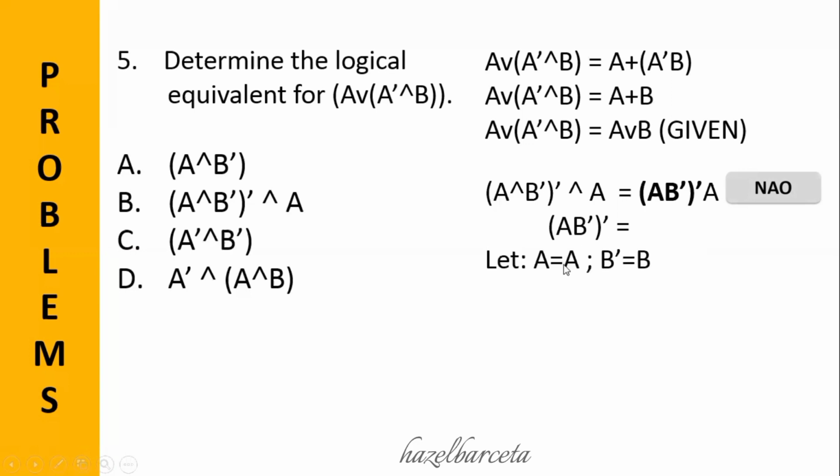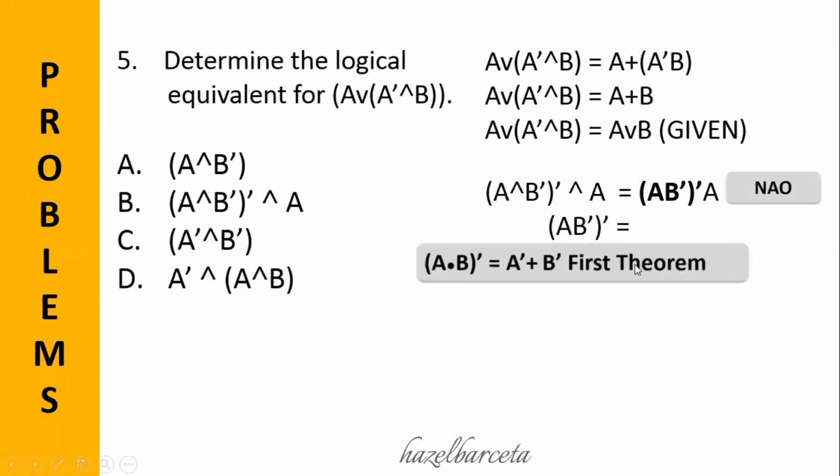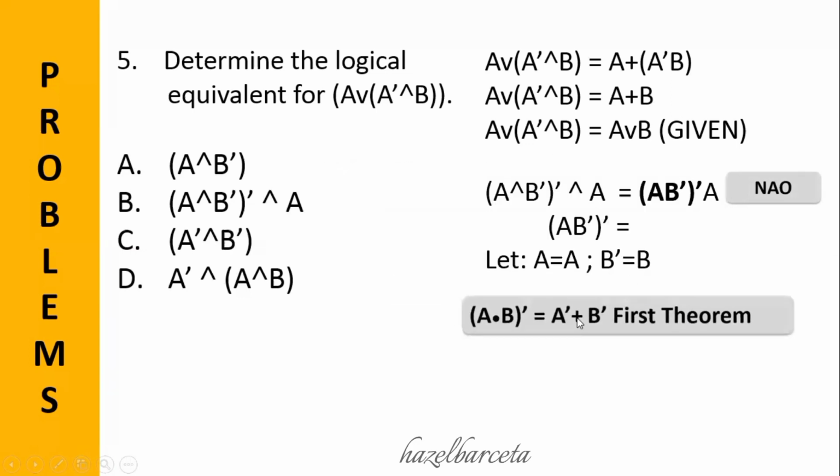Let A be equal to A and B prime be equal to B. And we have this law. Okay, this is De Morgan's first theorem. A times B prime. Kaya naging let B is equal to B prime here. Okay?